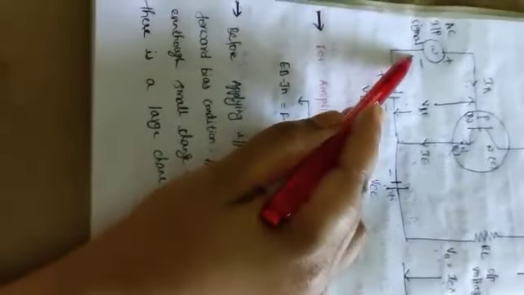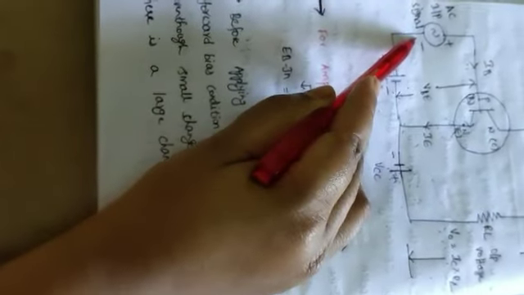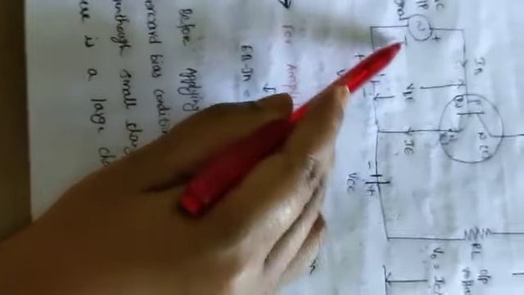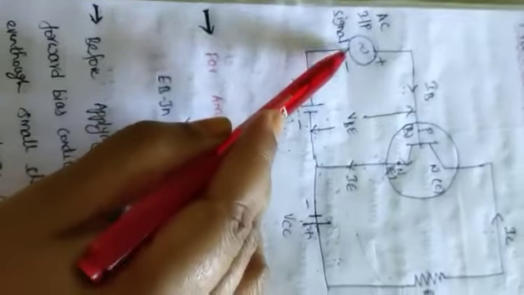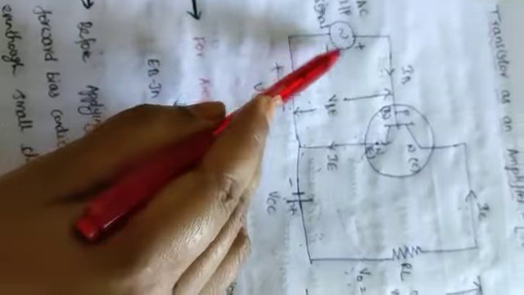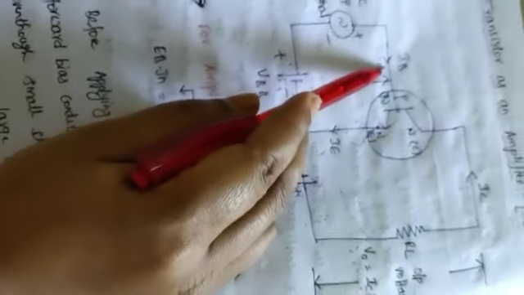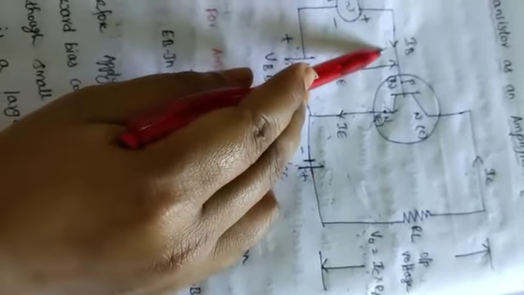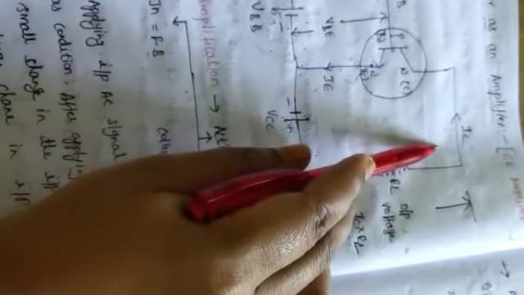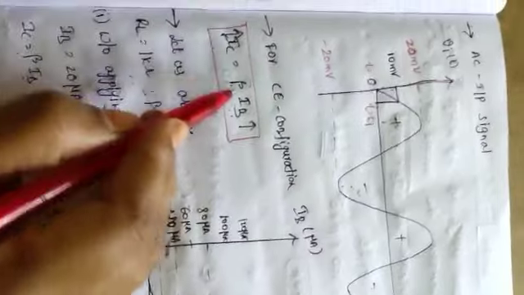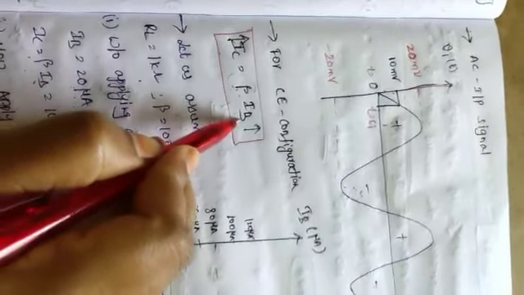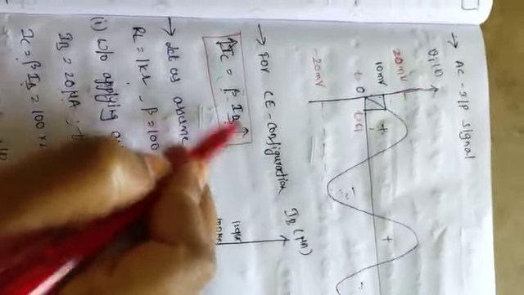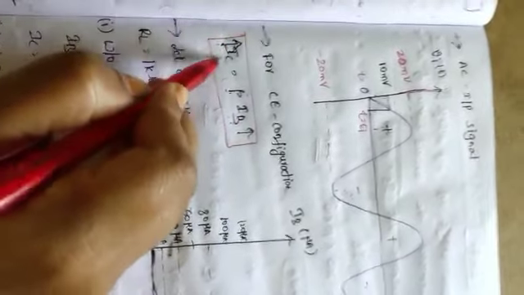Whenever we apply an input signal, even a small change in the input voltage causes a large change in the base current IB. If IB increases, IC also increases. Why? Because for CE configuration, IC equals beta times IB. So if IB increases, collector current IC also increases.